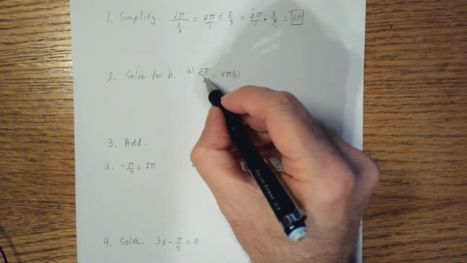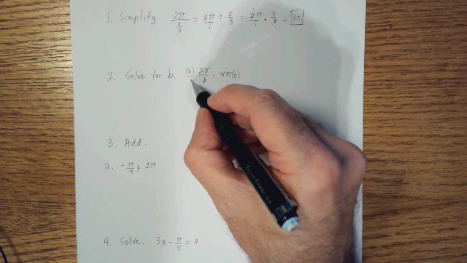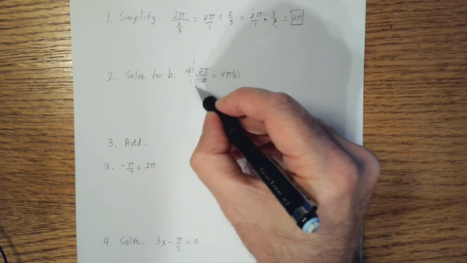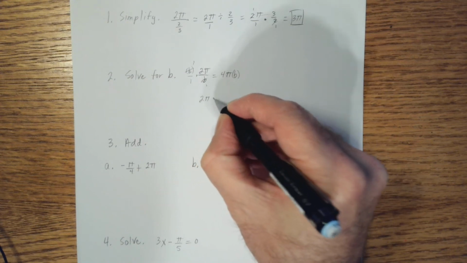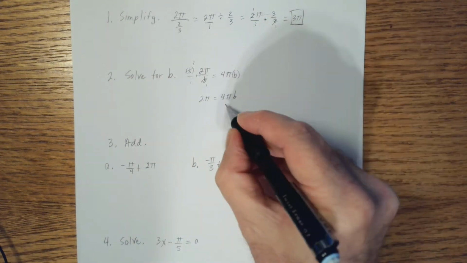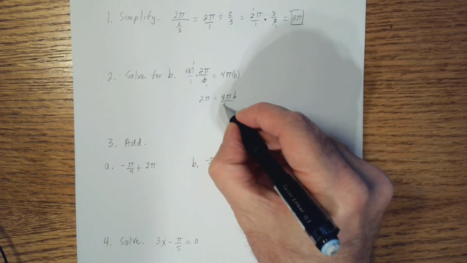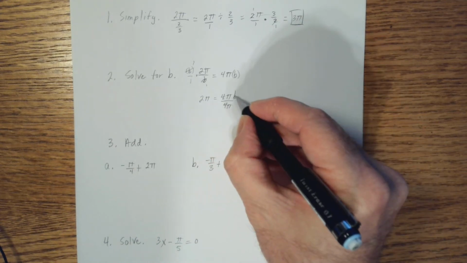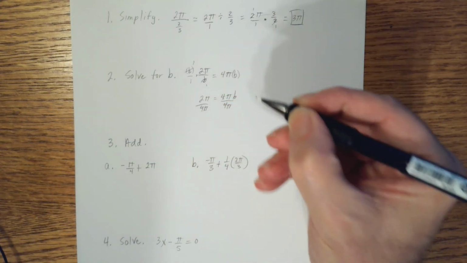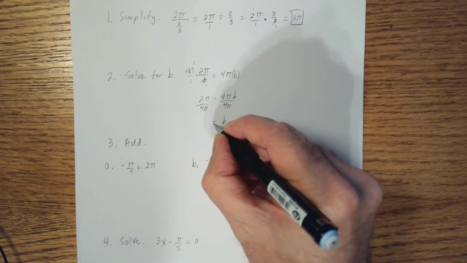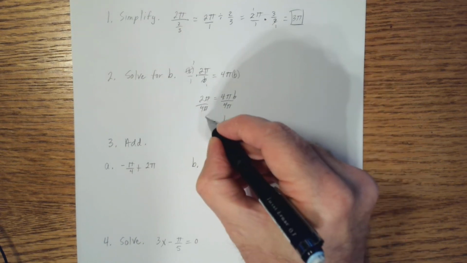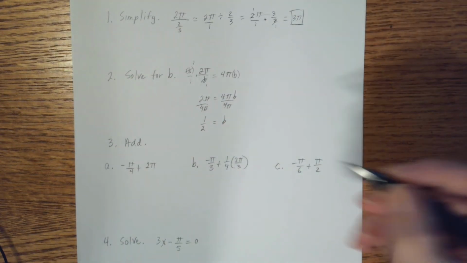Notice when you multiply here, the b's cancel, and you're left with just 2 pi over 1, or 2 pi, equals 4 pi b. But I'm solving for b, so I need to divide by 4 pi, since it's b times 4 pi. And notice the pi's cancel. And of course, 2/4 reduces to 1/2.